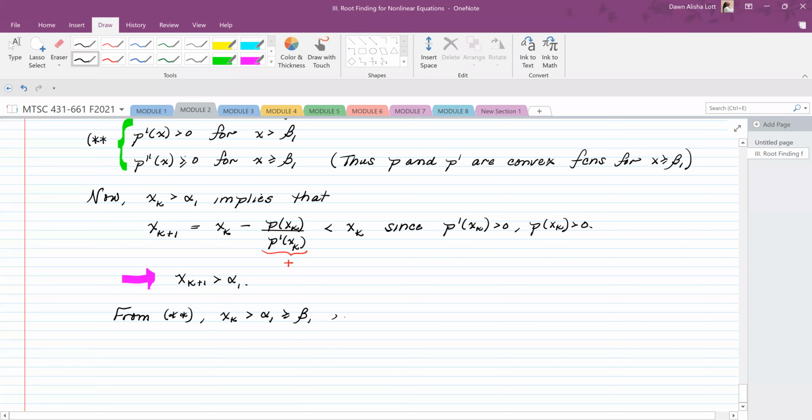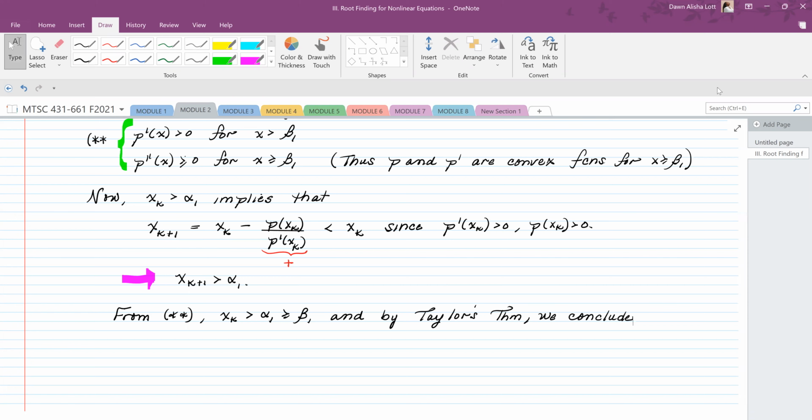And by Taylor's theorem, we conclude this is what we get. 0 is equal to P of alpha 1, that's the first root.